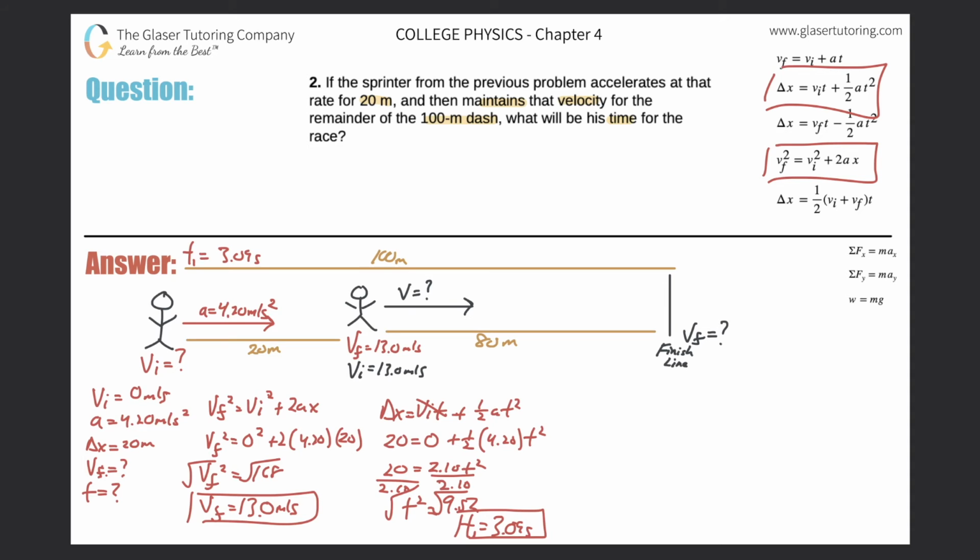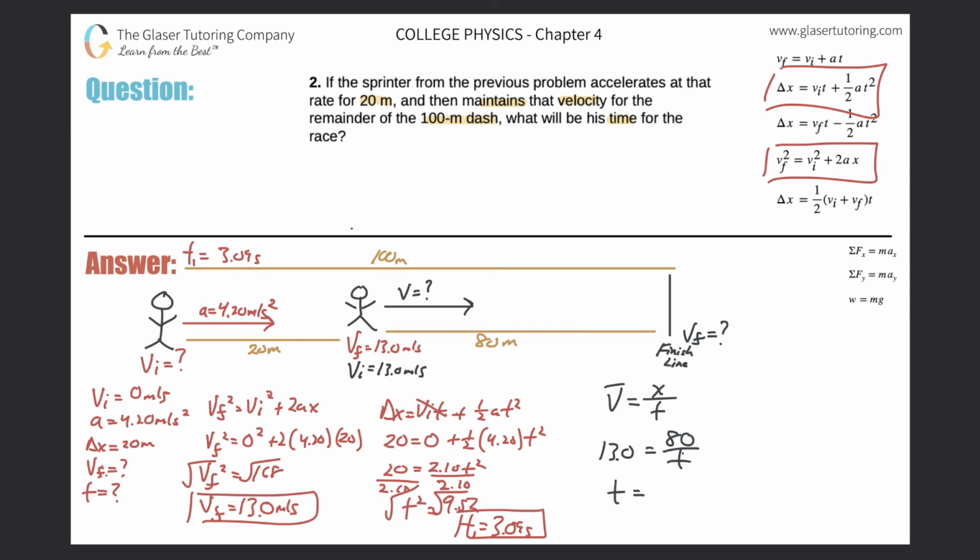So I can really make this second part simple. In talking about the second frame of the problem, from here to here, we're just dealing with the average velocity formula, which is displacement over time. His average velocity for the whole period was 13.0. He has to travel in that second frame 80 meters. So how long is it going to take?